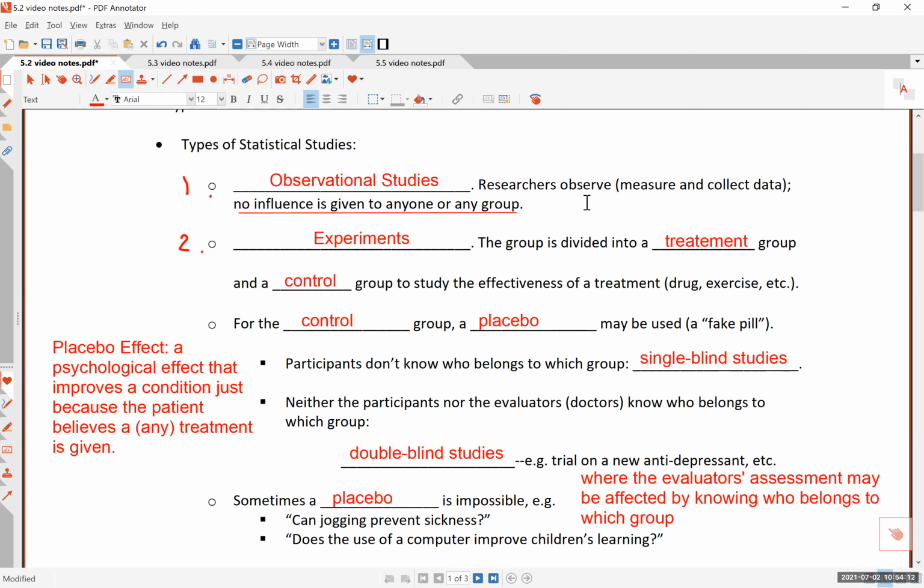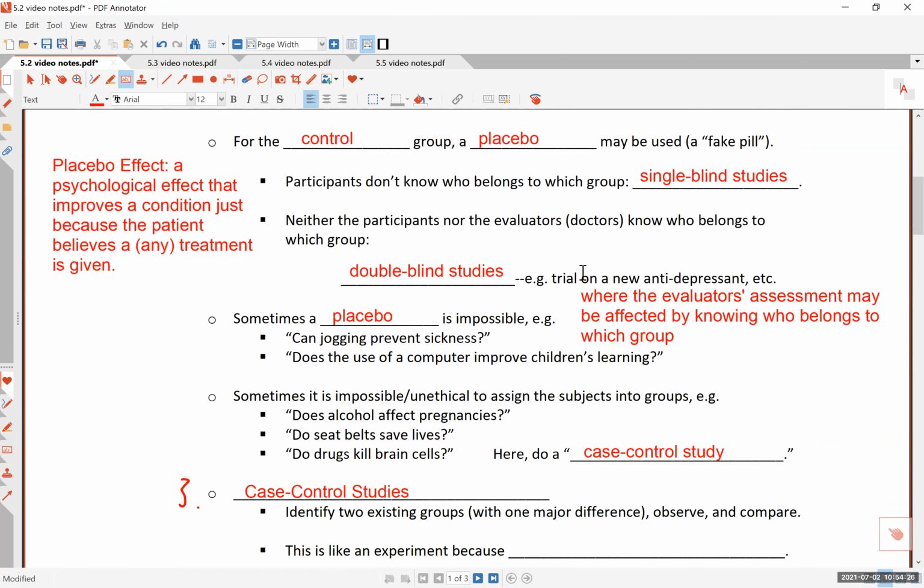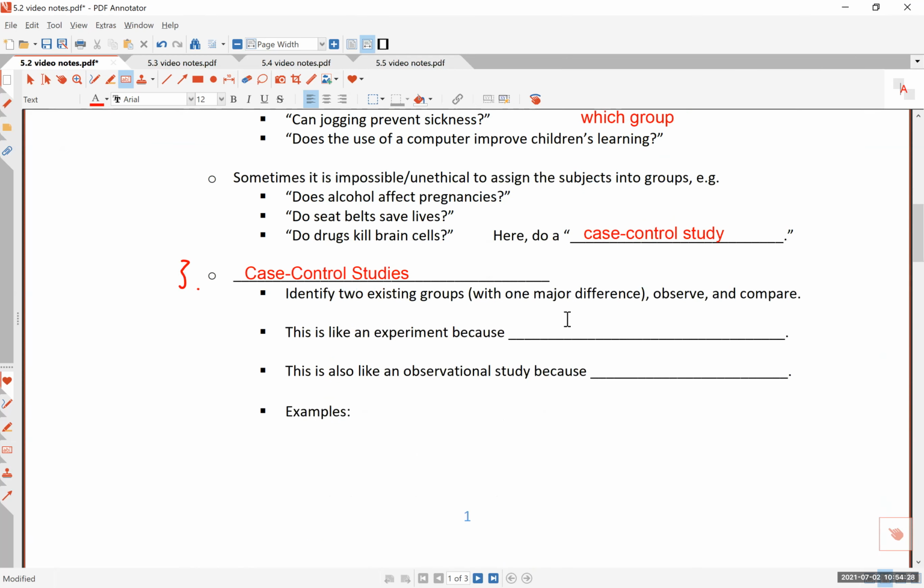All right. So in that sense, it is like an observational study. And that's why sometimes a case control study is considered a type of observational study. But it is also like an experiment because you are comparing two different groups, right? So a case control study is sort of like a mixture of experiments and observational studies.